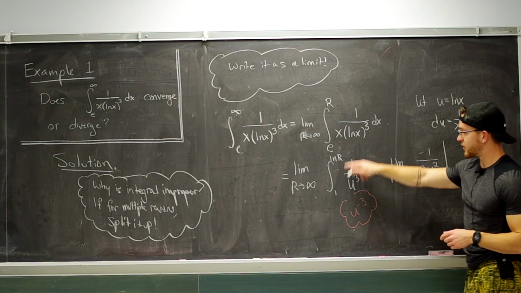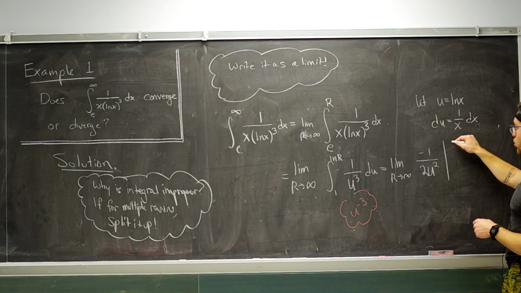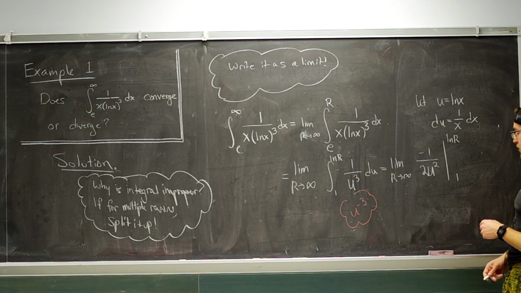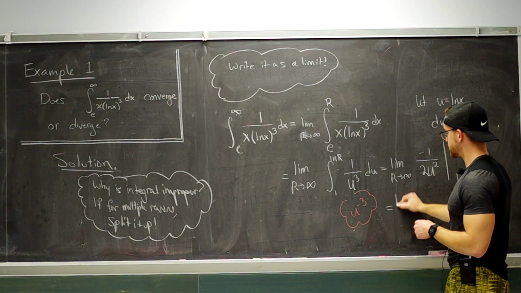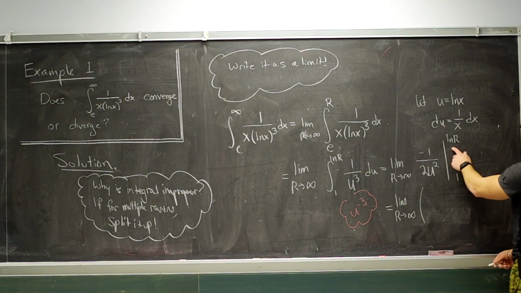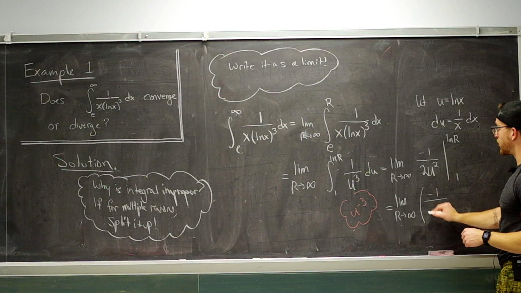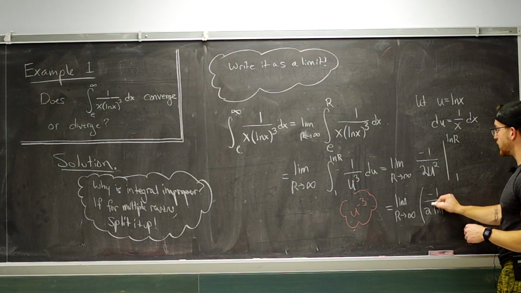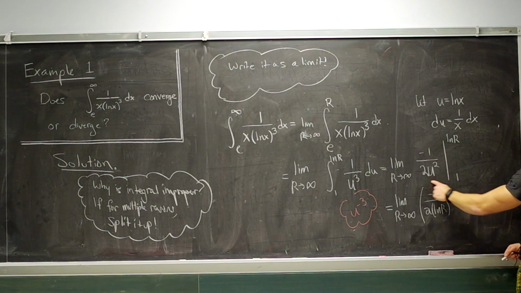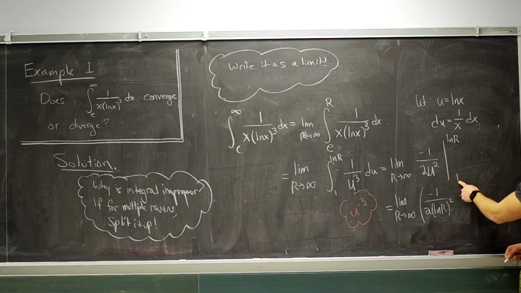And then I'll evaluate that at log of r and 1. Okay? So when you plug in log of r here, this will be a negative 1 over 2 log of r quantity squared minus this expression evaluated when u is 1, which is negative 1/2. So this is plus 1/2.